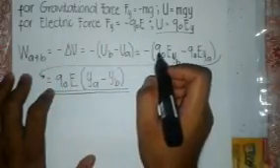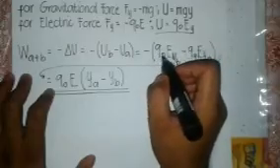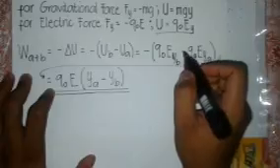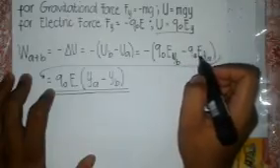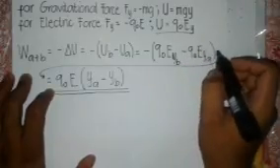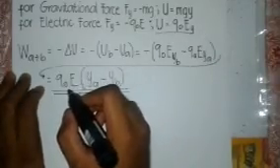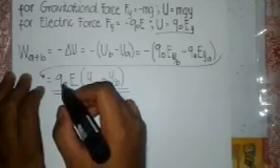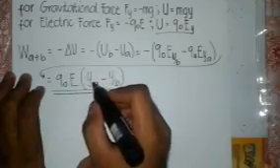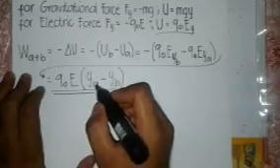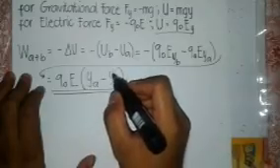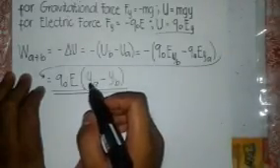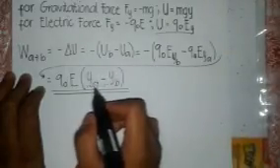So we got negative q naught E y at point B minus q naught E y at point A. So for our work done on the charge by the field, we have q naught E y at point A minus our height at point B. So this is our work done on the charge by the field.